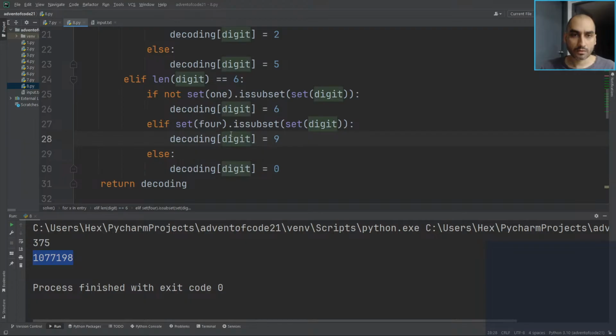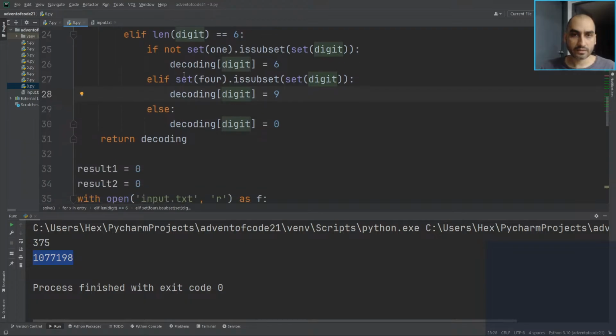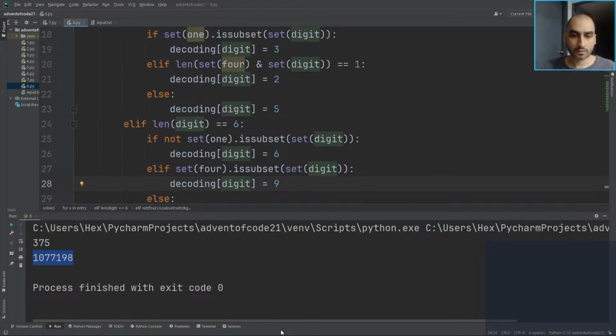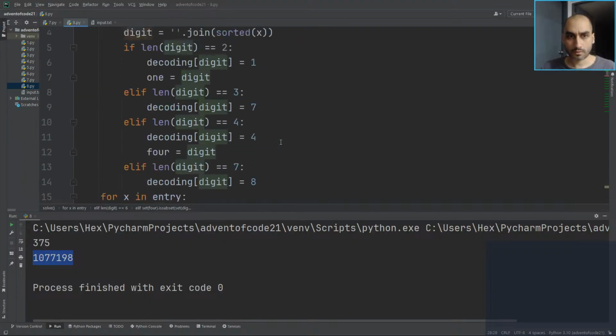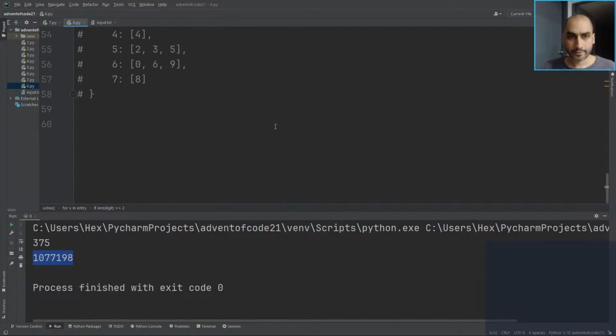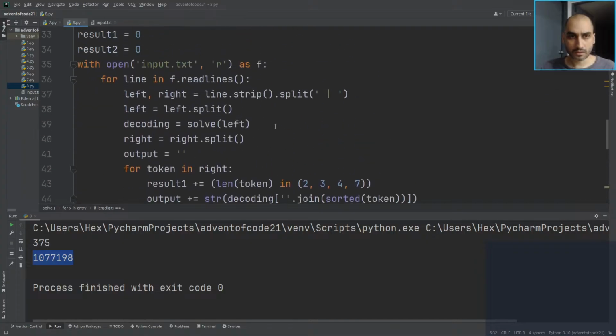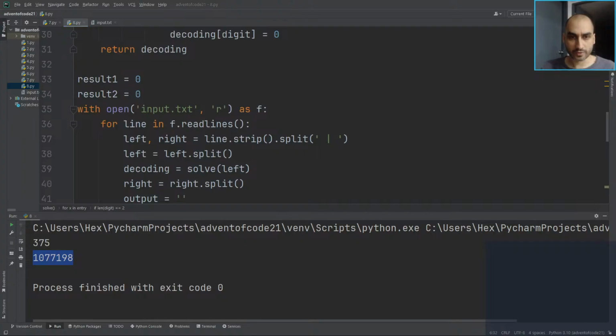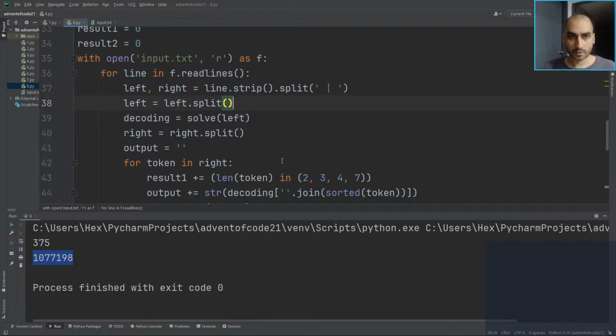That's right. 9 contains 4. Look at the diagram again. 9 contains 4, 0 doesn't. Yeah, that's right. Did we still get... Wait, so part 1 was 375. Yeah, that's the same.